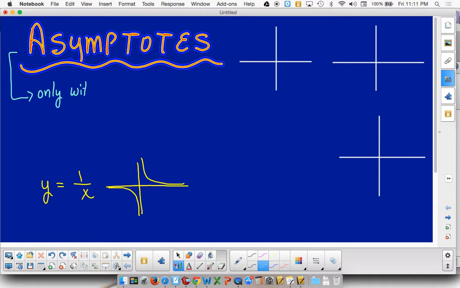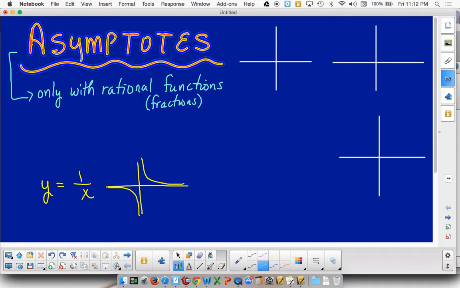The only other functions that have asymptotes are our very specialized ones, such as exponential functions, logarithms, hyperbolas, and some of the trig functions. Typically, though, with just a straight algebraic function involving x to powers, it's going to be with rational functions. In other words, you have to have a fraction. If you don't have fractions, you're not likely to be seeing asymptotes.